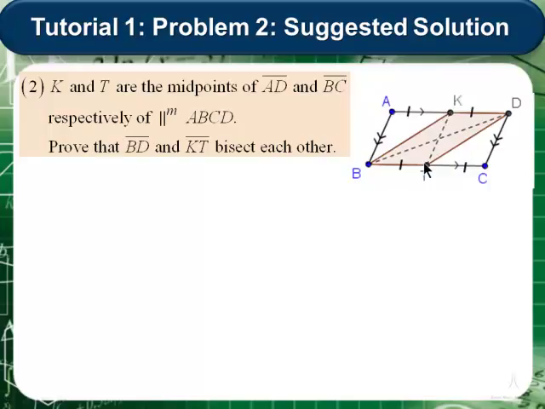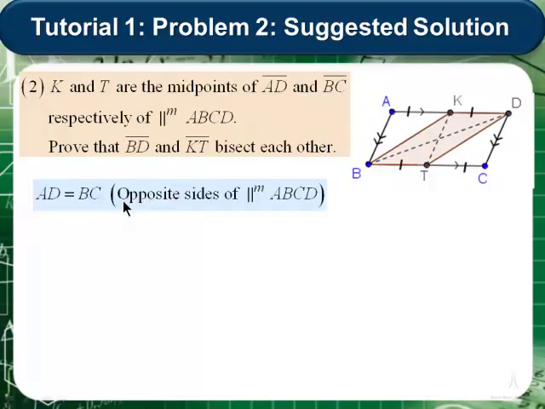So really all we need to do is to show that BKDT is a parallelogram. And there we already know that AD is parallel to BC. In other words, therefore KD will also be parallel to BT. So we only need to prove in addition that KD is also equal to BT.